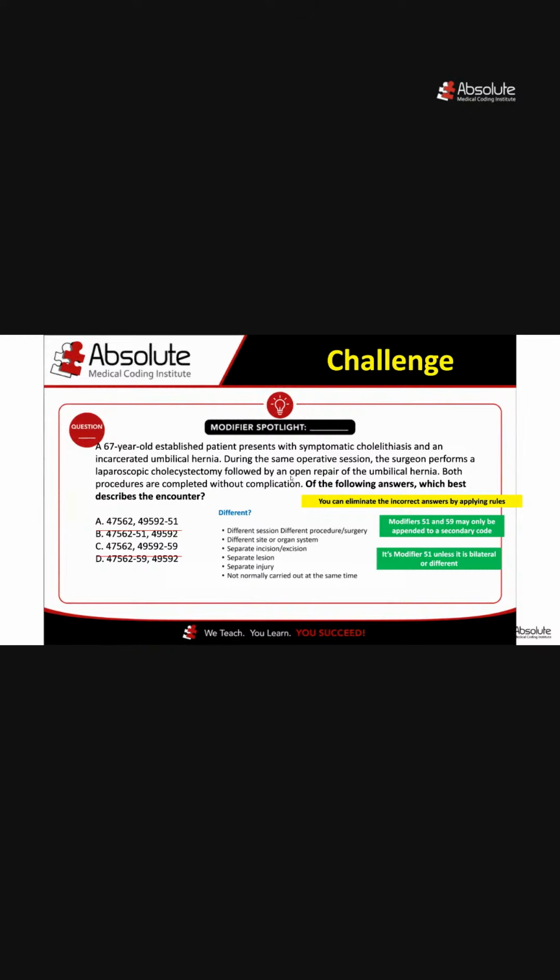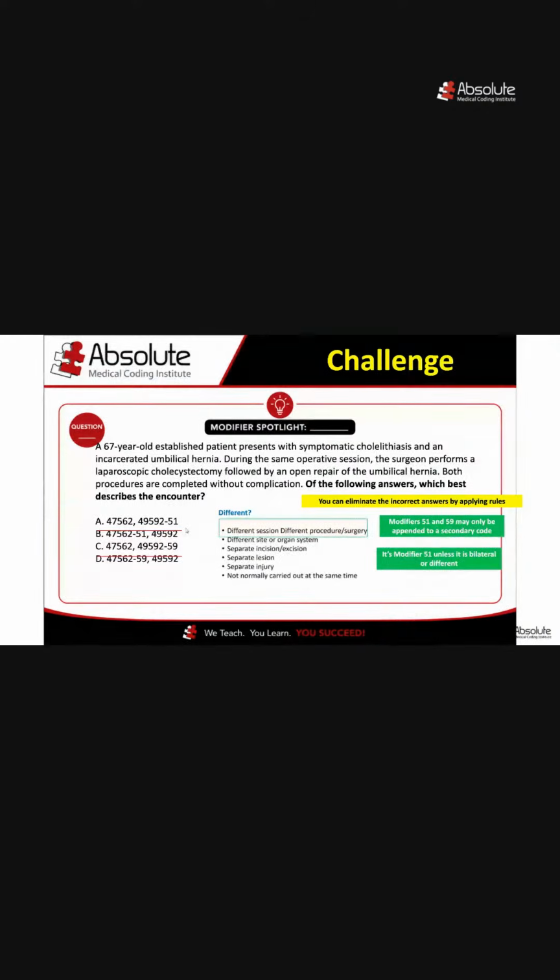It's probably in the same region, because they're going through the abdomen, but they're just repairing an umbilical hernia. So there's probably just some suturing going on. Two different procedures, two different approaches. One is scopic, one is excision or incision. Separate incision, different procedure too. So this is different.